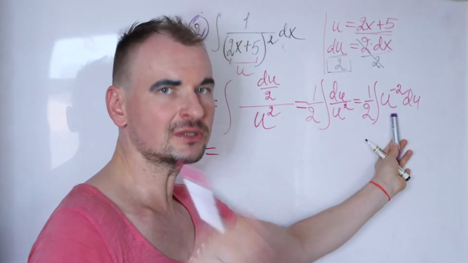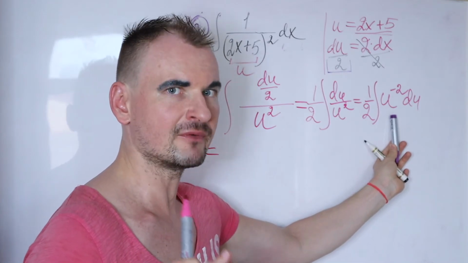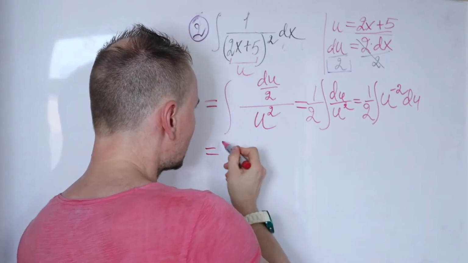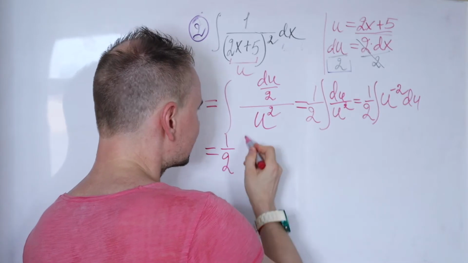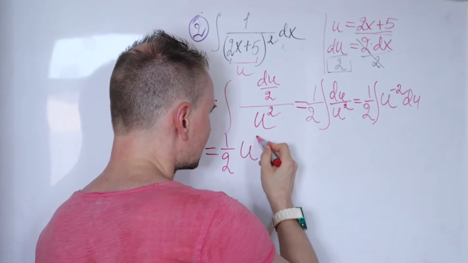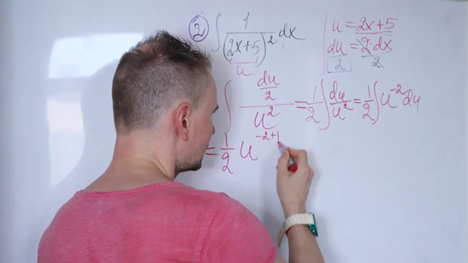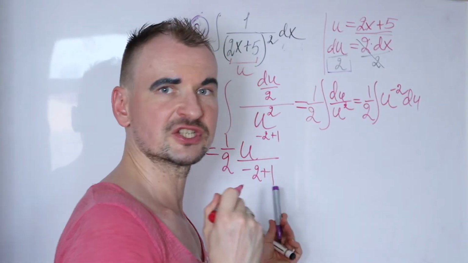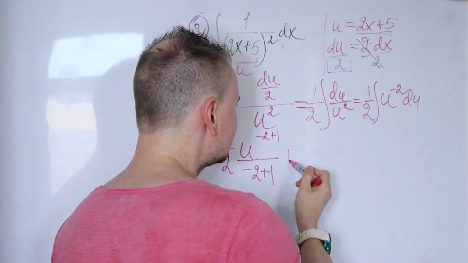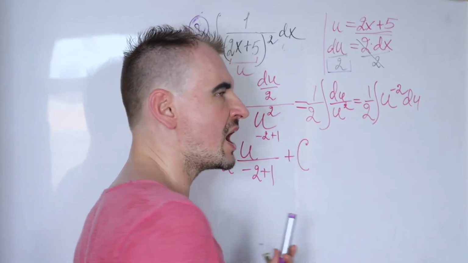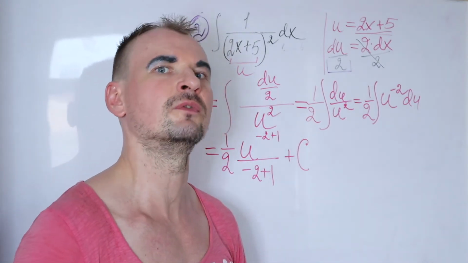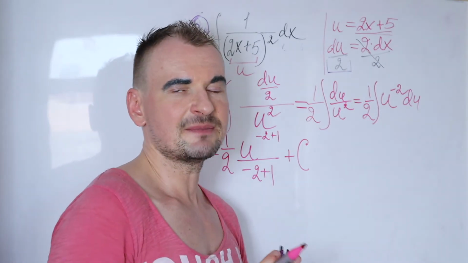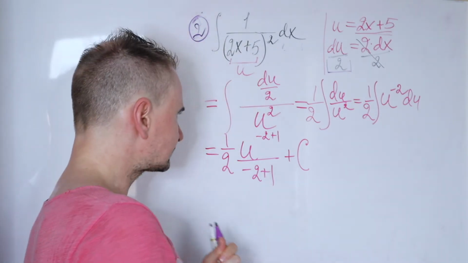Now at this point we are ready to apply the power rule for integration. All it says is that you need to add 1 to your power and divide your term by this new power, which is minus 2 plus 1. And at this point it requires the arbitrary constant of integration, typically denoted by c.